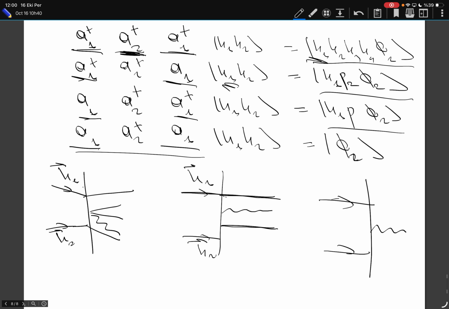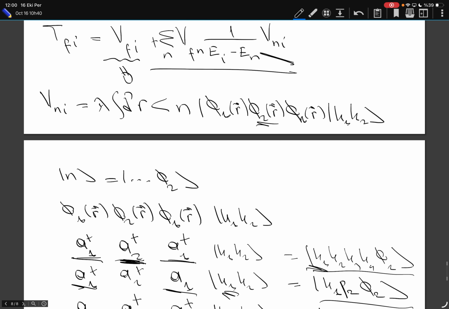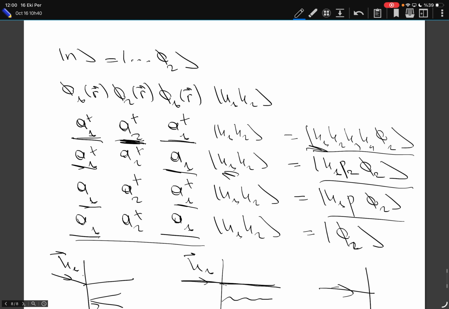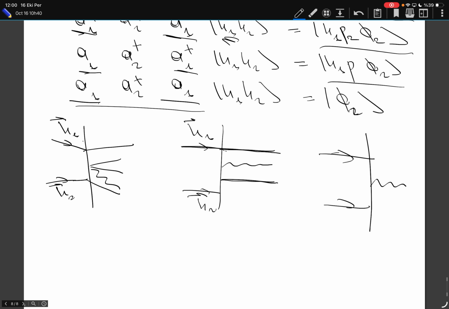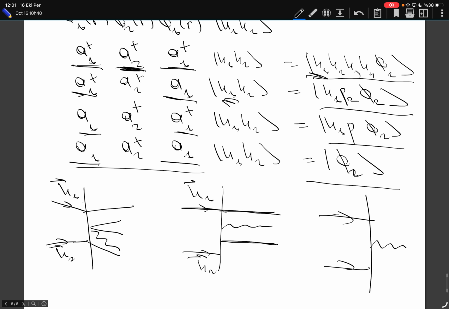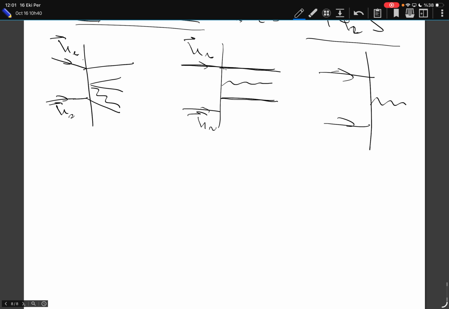Now, eventually, in this expansion, I'm just calculating these V and I's. These are the states that might give me a non-zero matrix element for V and I. Eventually what will happen is I will only have these kinds of interactions.